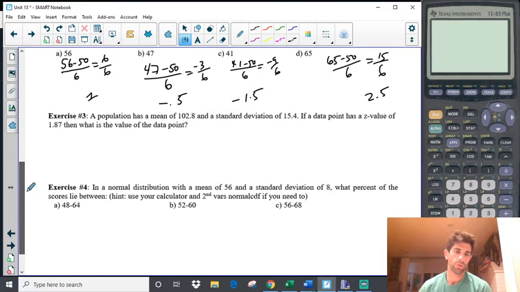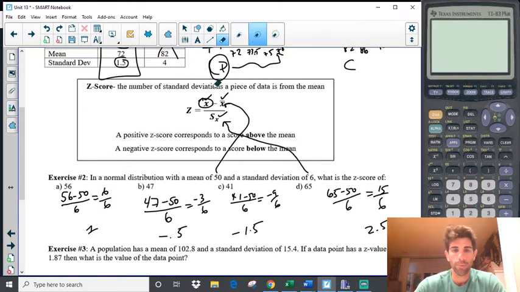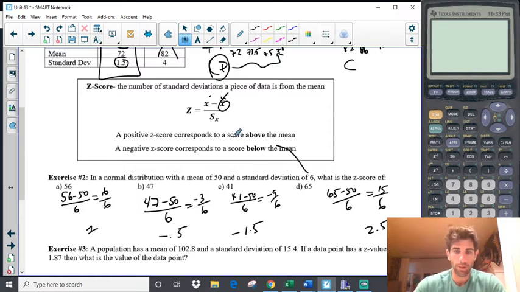Exercise 3. A population has a mean of 102.8 and a standard deviation of 15.4. If a data point has a z-value of 1.87, what is the value of the data point? In this question they gave you the mean, 102.8, and the standard deviation, 15.4.